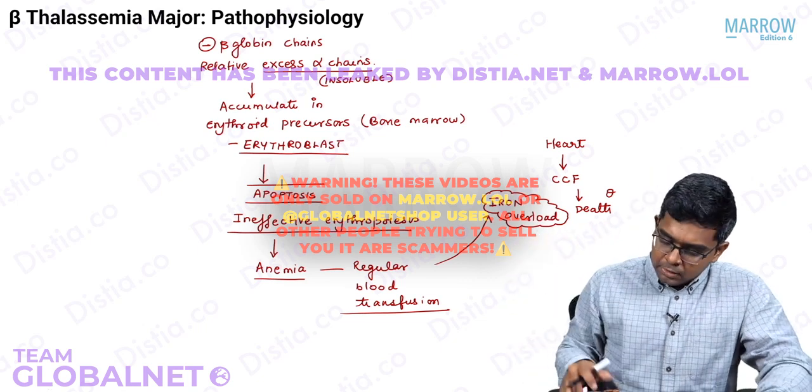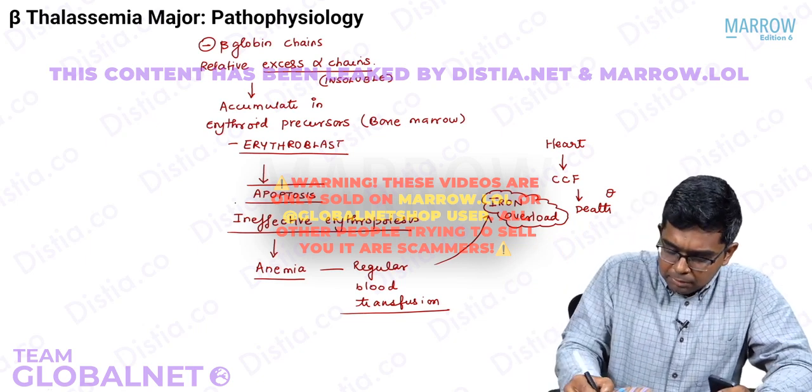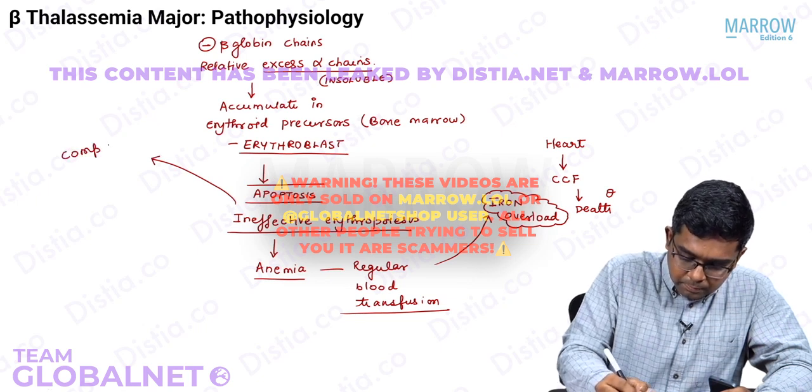Okay, right. So as I was telling you, the reason for anemia is ineffective erythropoiesis. Because of ineffective erythropoiesis, there is also compensation. How?